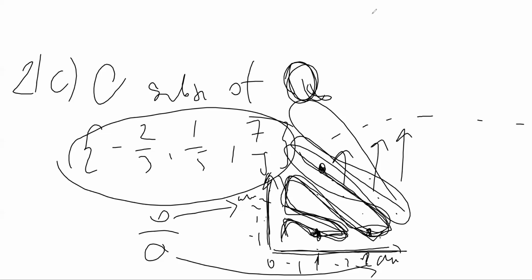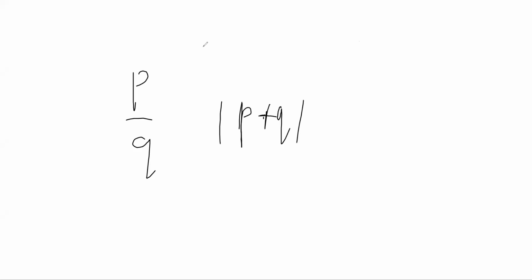Oh yeah, I was thinking of p plus q. Basically what you can also do is, if your number looks like p over q, then you can take the smallest possible sum of p plus q, maybe the absolute one, right?